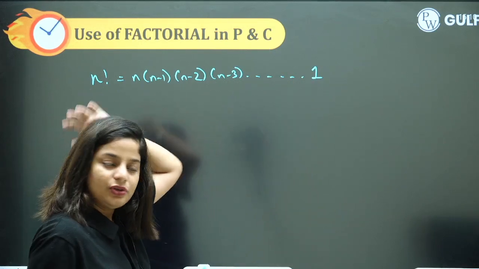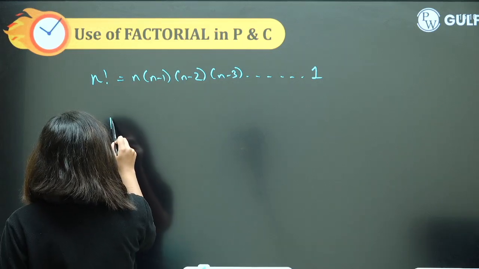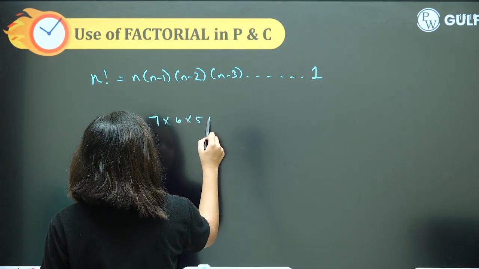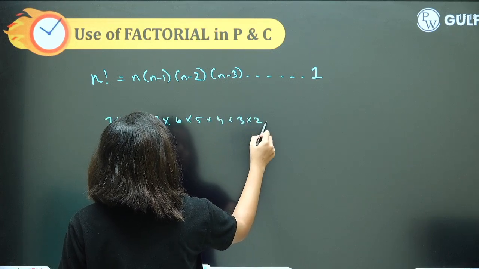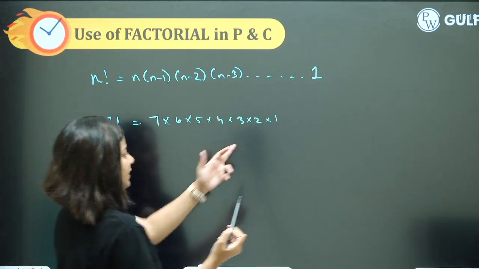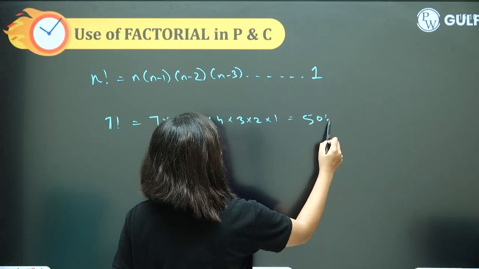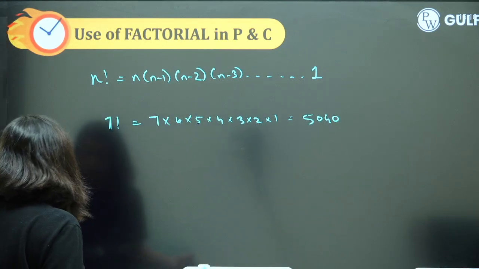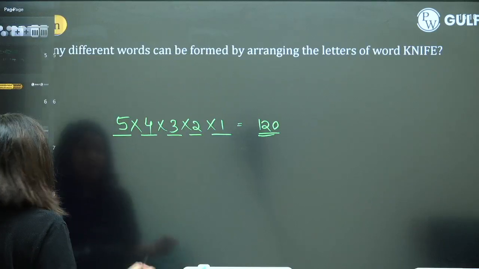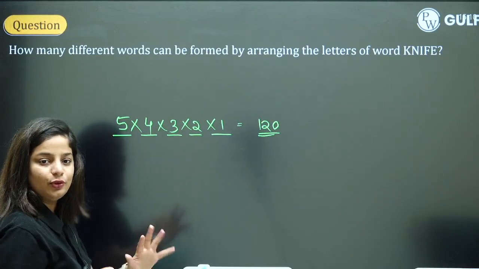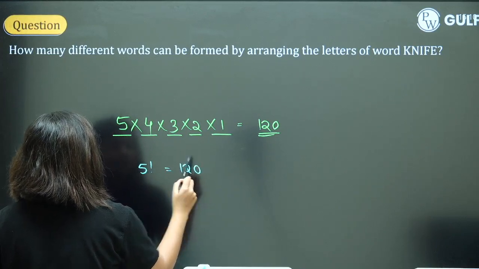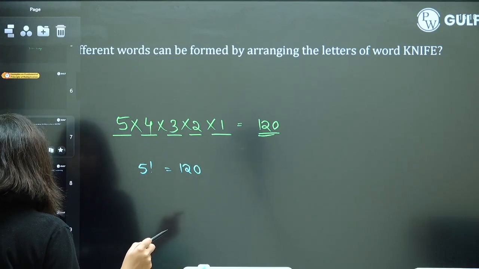So if I ask you 7 factorial, you will say 7 into 6 into 5 into 4 into 3 into 2 into 1, multiply all of them, 5040. Memorizing factorials is very helpful because in the previous question, instead of 5 into 4 into 3 into 2 into 1, it is nothing but 5 factorial, whose value we should remember, equal to 120.